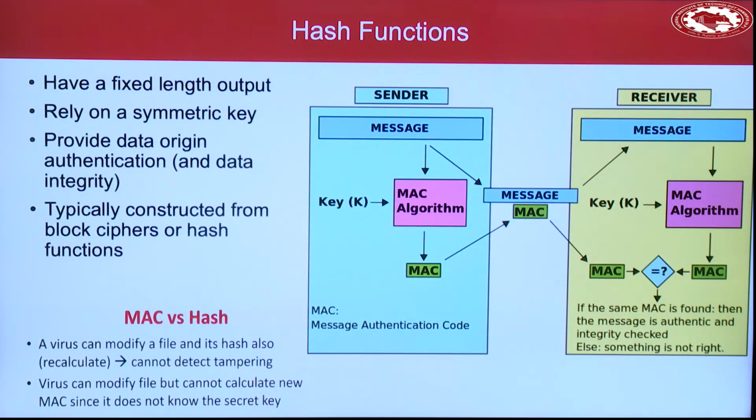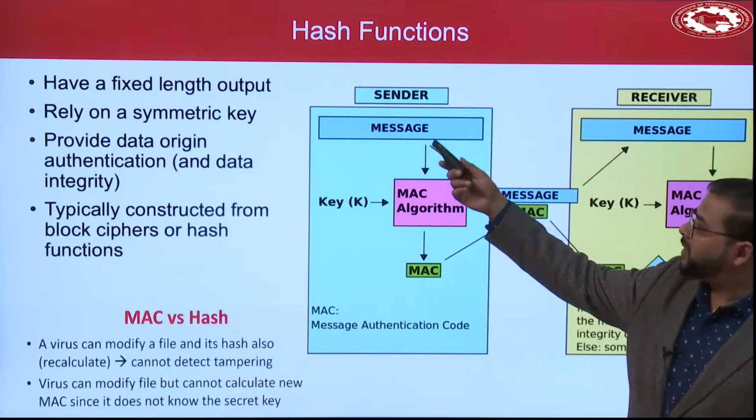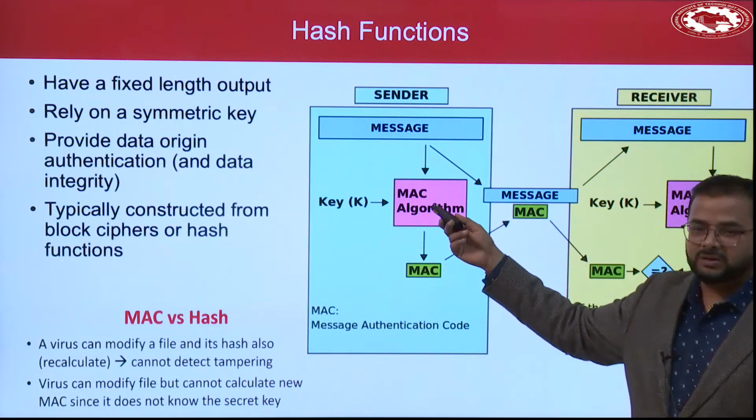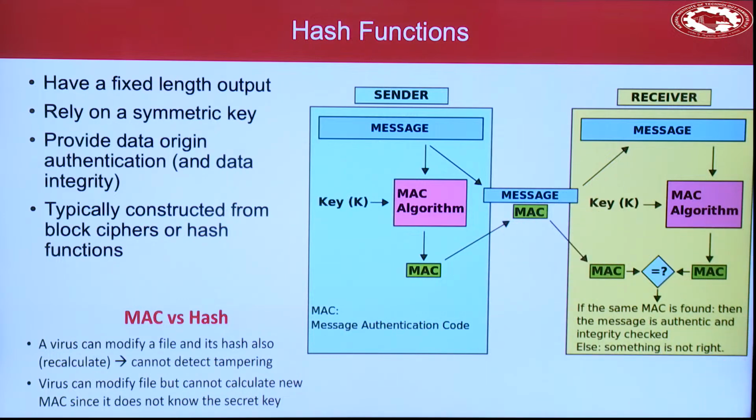Now, hash functions don't require any key. Now we want someone to generate a hash only if they have some information, then only they should be able to generate it. So I might have a key. When I'm generating the hash code, apart from the input, I'm also using a key to generate the outcome. We call these functions MAC functions, message authentication codes.